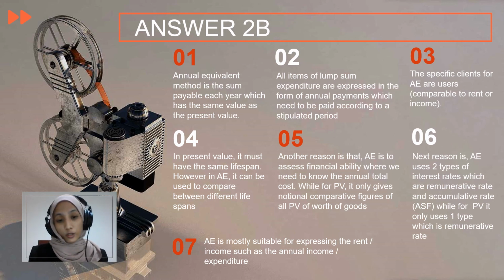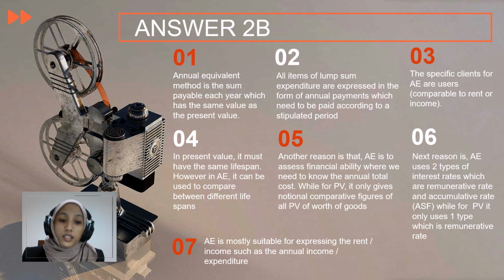In present value, the lifespan must be the same. However, in annual equivalent, it can be used to compare between different lifespans. Another reason is that annual equivalent is to assess financial ability, where we need to know the annual labor cost, while present value only gives a notional comparative figure of all present value of worth of goods.